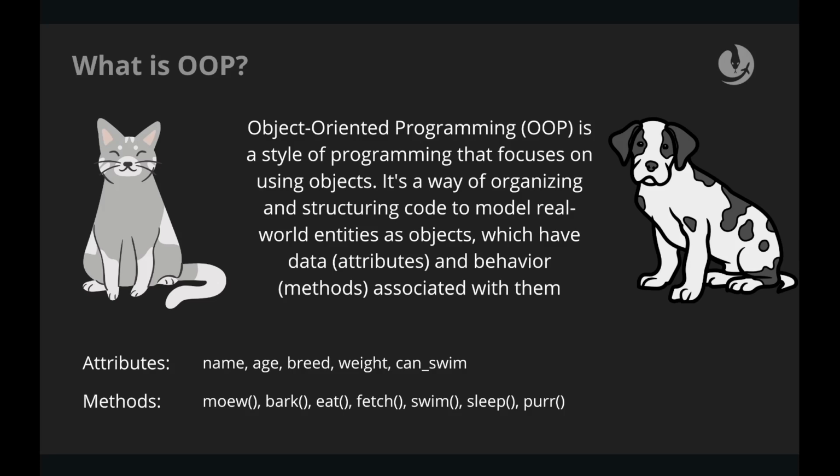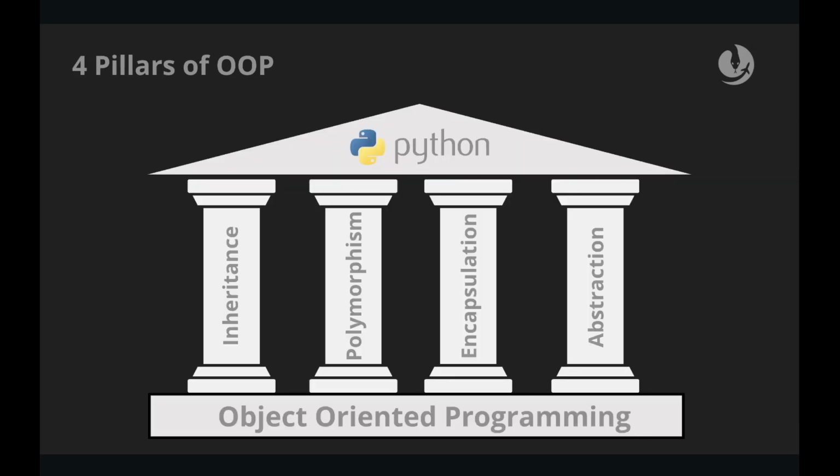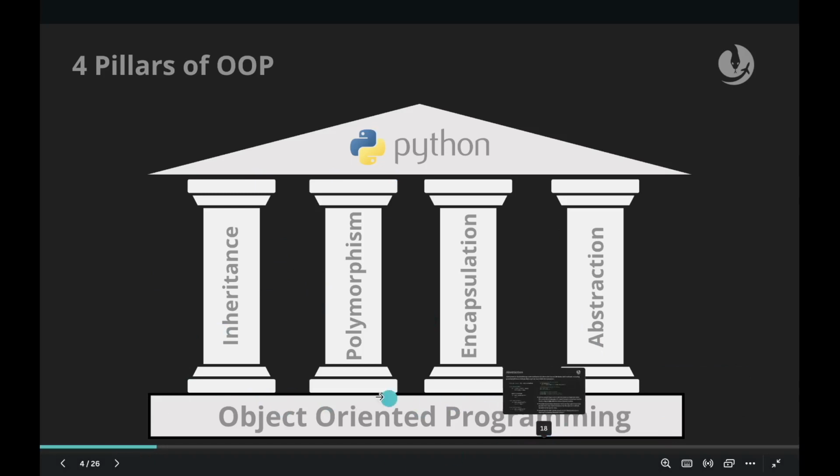So now let's move to the next slide. And the next slide is about the four pillars of object-oriented programming. And this is not specific to Python. However, I needed a nice illustration. So I figured out that object-oriented programming will be at the bottom. Then we will have four pillars. And I needed something at the top.